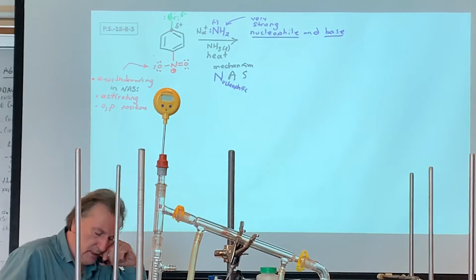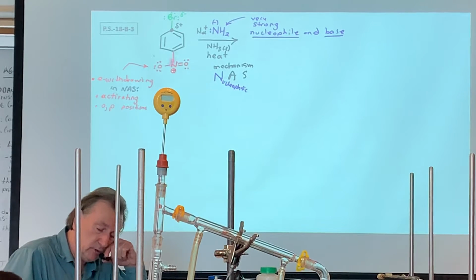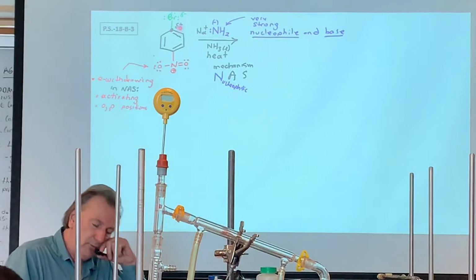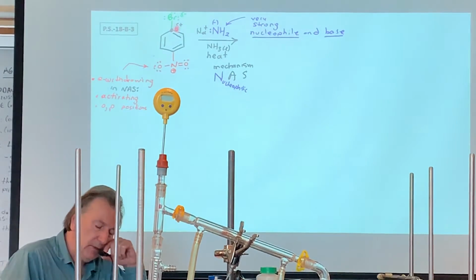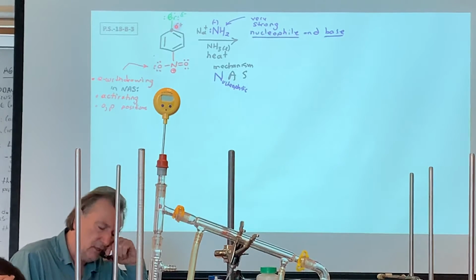So if you have a bromine on the para position, or if the NO2 was over here in the ortho position, or if you have another NO2 here, would be good too, then they will make this delta plus even bigger. Let's say this 0.7 becomes plus 0.9, plus 0.95, whatever it is. So it makes it more electrophilic.